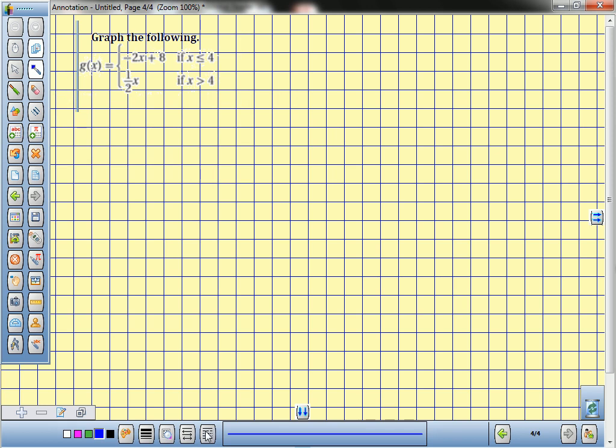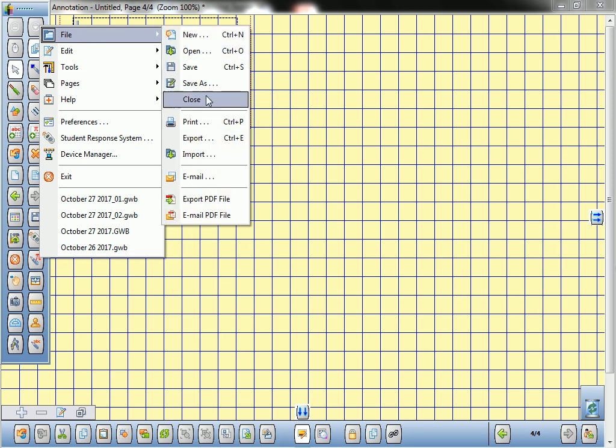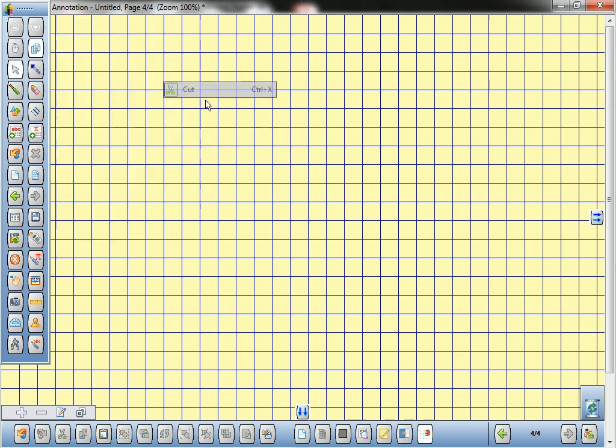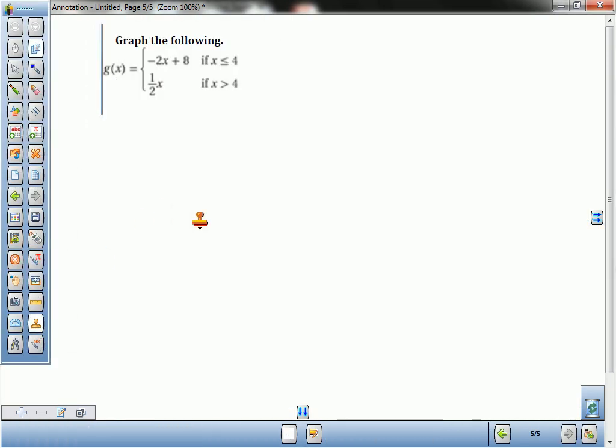I'm going to go ahead and put it on here so I have, you know what, that's too hard to read. I'll just put a regular graph.